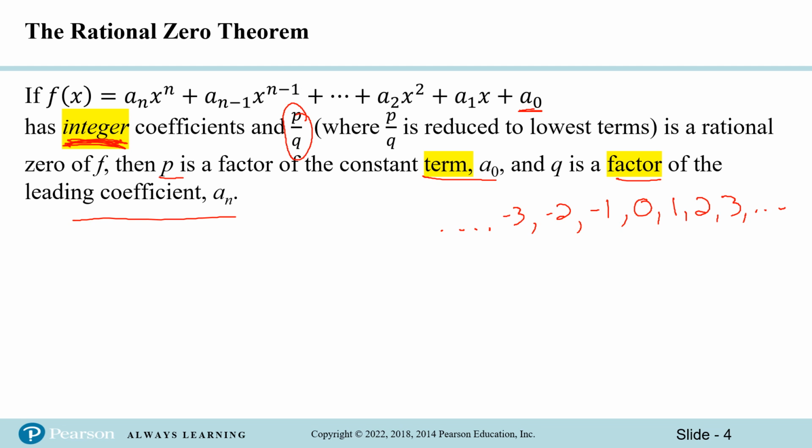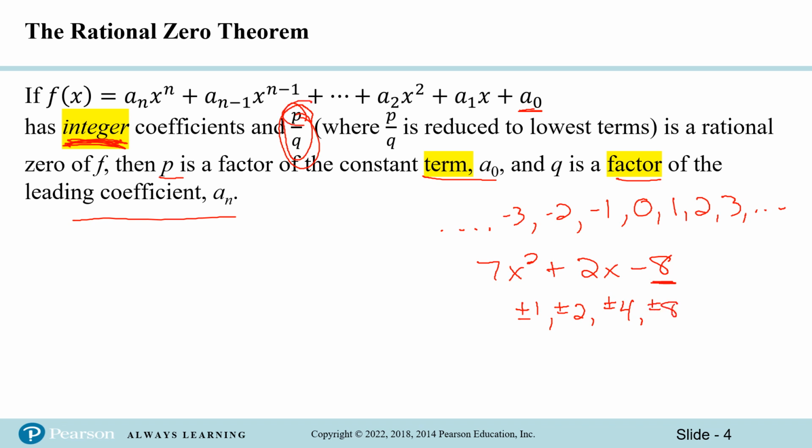Suppose we have 7x squared plus 2x minus 8. If I'm trying to find potential rational zeros, what I can do is figure out my factors of 8. That would be a +1 and a -1, and a +2 and a -2, and a +4 and a -4, and a +8 and a -8.